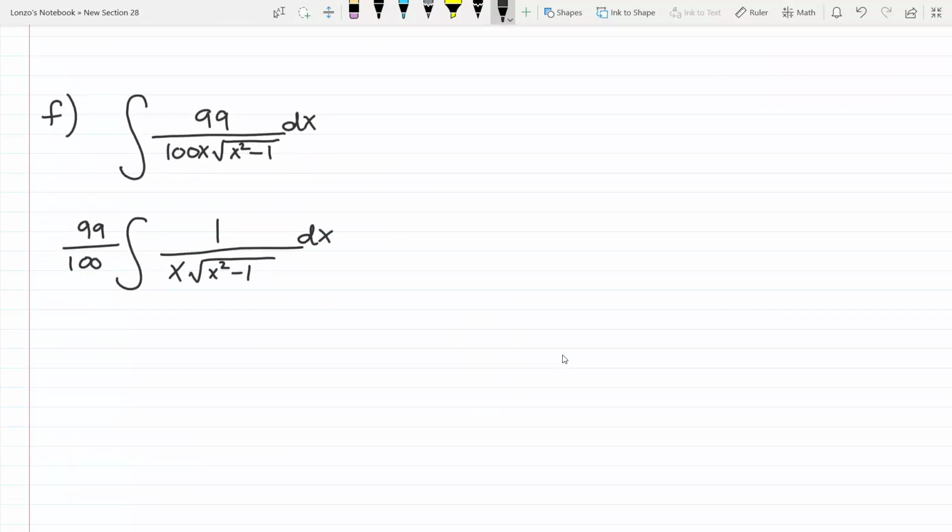Do not use u substitution. It is actually secant inverse of x. If you look in your notes of your inverse integration, it is secant inverse. So this is going to be secant inverse of x, and you're still left with the constant 99/100, so bring that down. Don't forget your plus c.